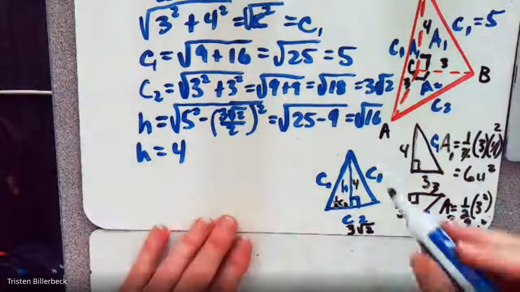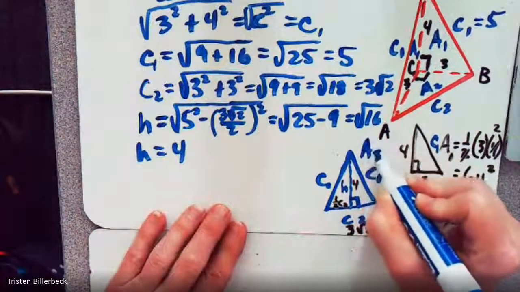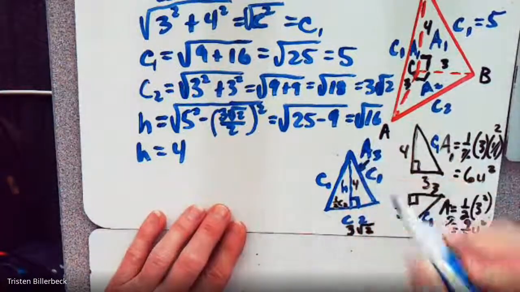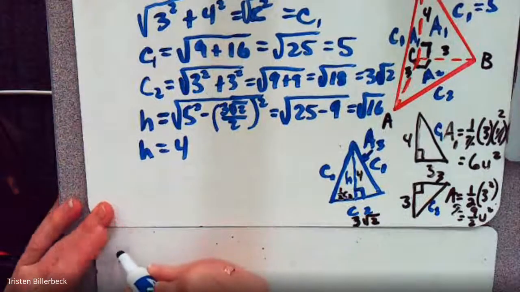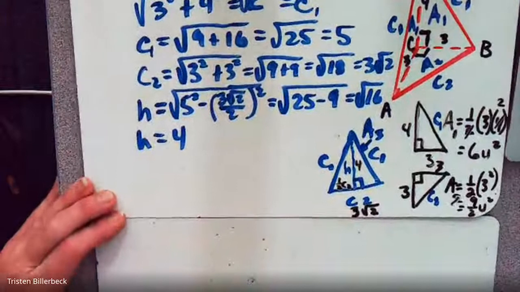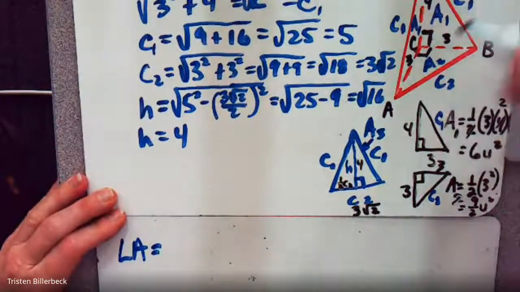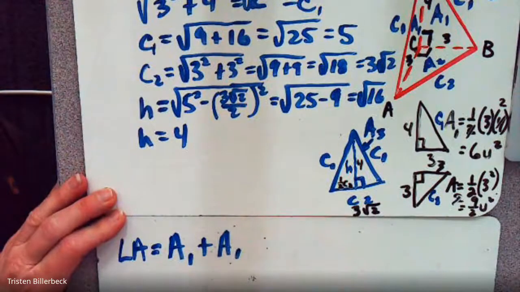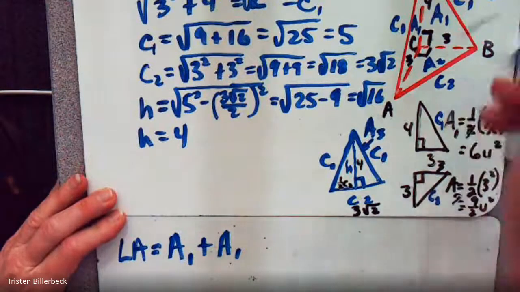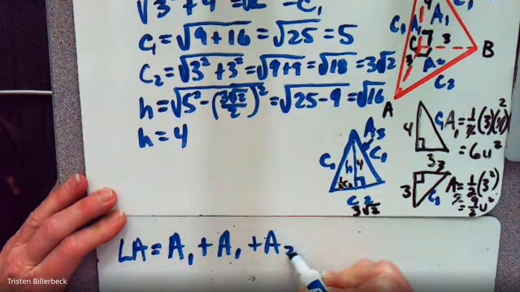And then the final one we're going to call A3 right here. So A3 is this one. Okay, so we're going to add it up. So the lateral area, sometimes abbreviated LA, is going to be all the sides. So the lateral area is A1 plus A1 plus this big face, which was A3.